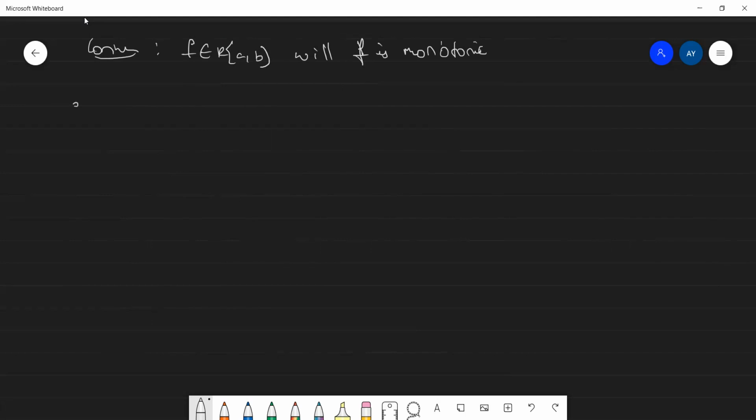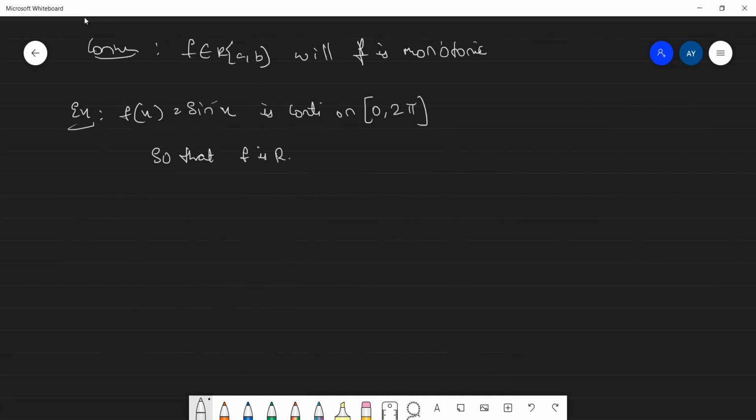Let us take an example, that is f of x is equal to sin x. Obviously, sin x is a continuous function. By the graph, we will know that sin x is continuous on 0 to 2 pi, right? This graph will be continuous on 0 to 2 pi. So that f is Riemann integrable, because every continuous function is Riemann integrable.